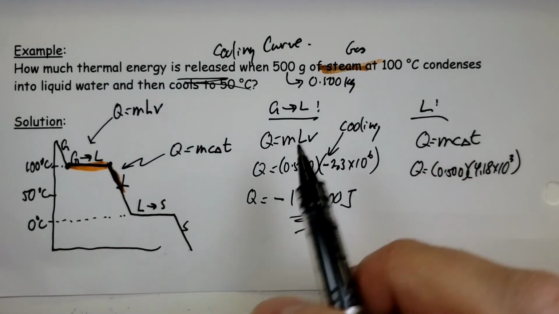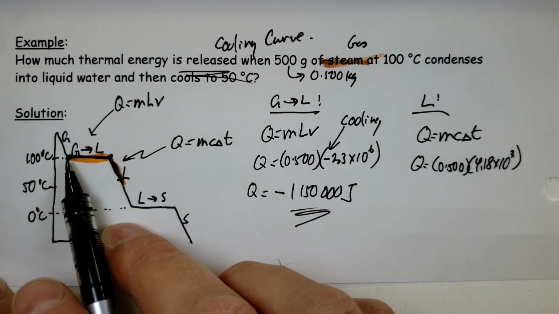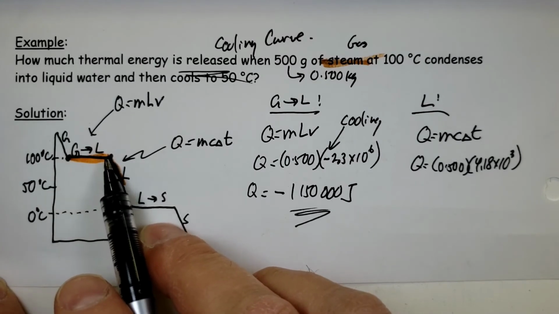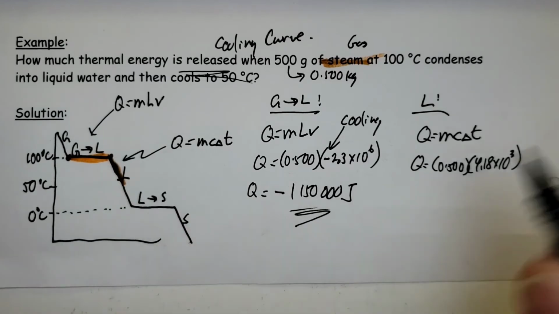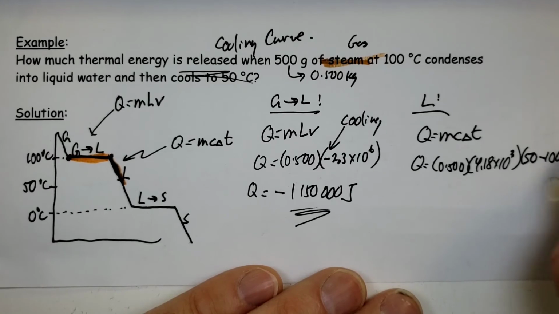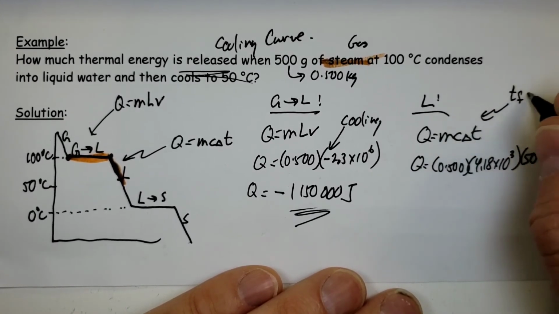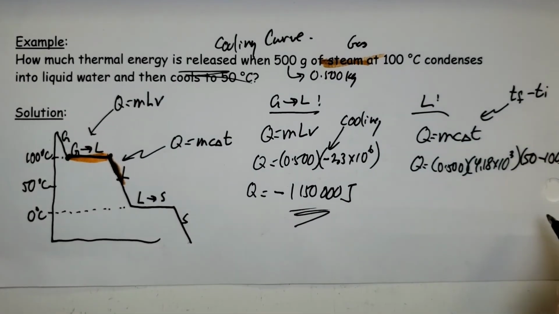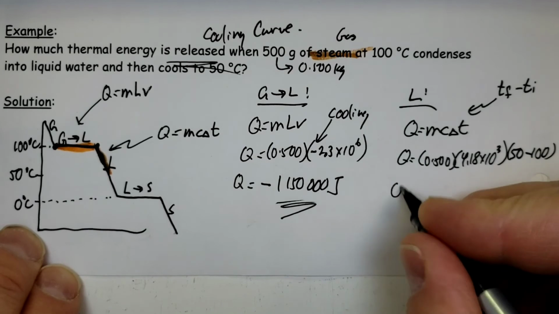And lastly here, our temperature start. So if I'm going from left to right, always read your graph from left to right. Left, 100, 50. Initial temperature is 100. Final temperature is 50. So 50 minus 100. Because remember, delta T is always T final minus T initial. So be careful with that.